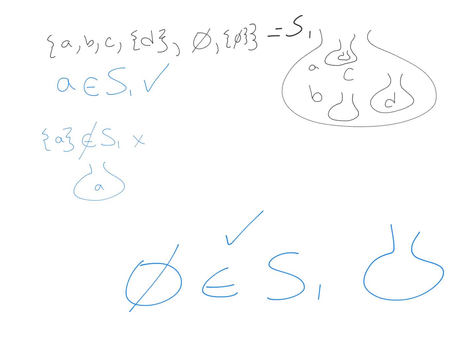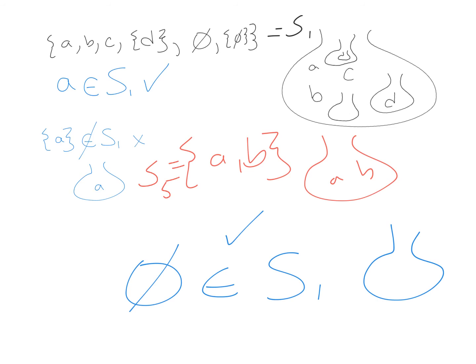Because if we think about it for a second, the set {A, B} is a bag that has an A and a B floating around in it. So now the question I have is, if we call this S5, is the empty set an element of S5?